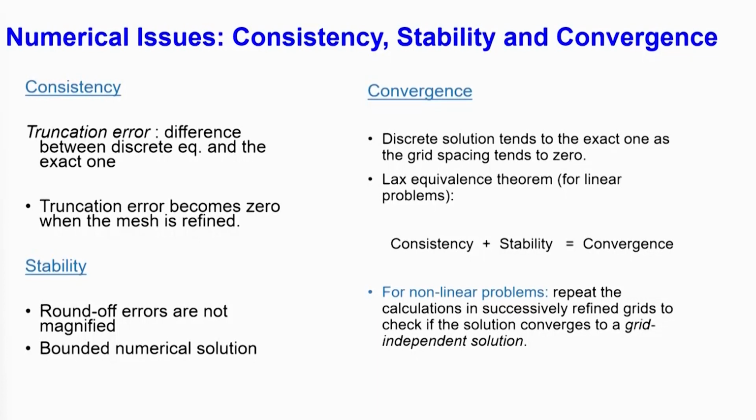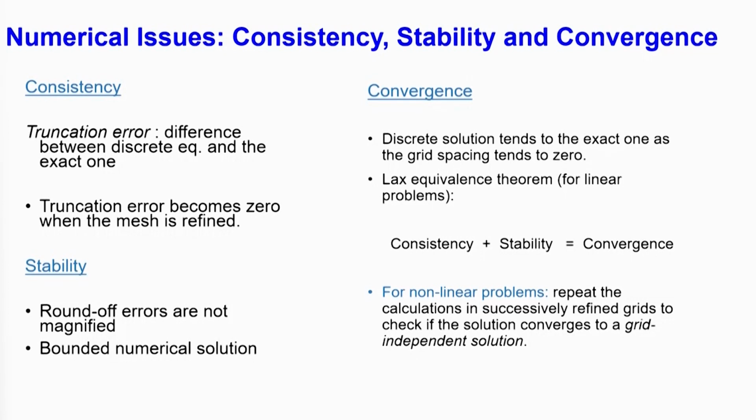So, even if it is consistent, it will not happen like that if the round-off error blows up. So, for all problems, consistency and stability together have to be looked into.